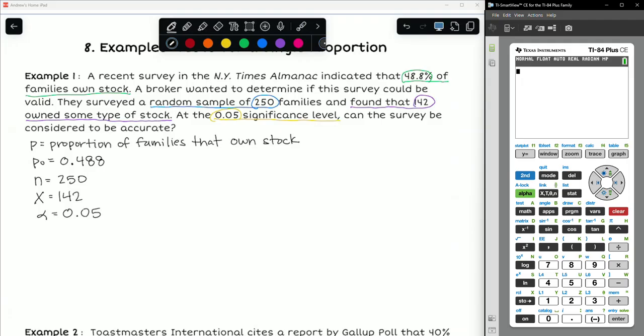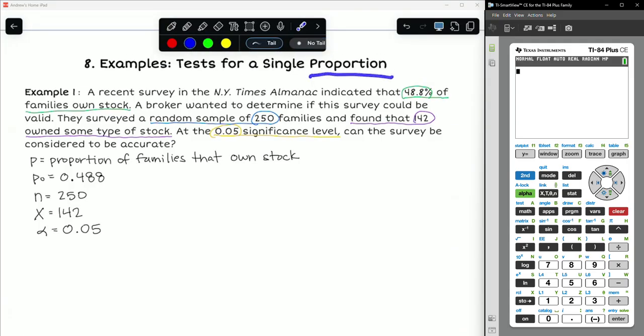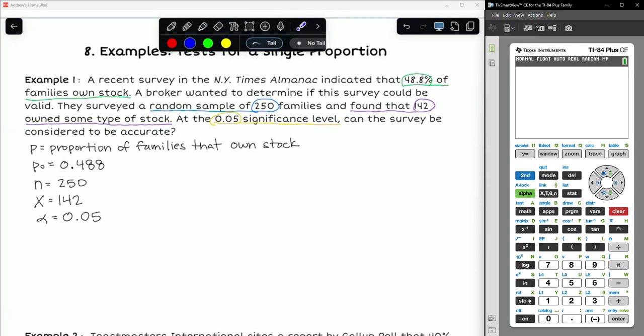Before I write my hypotheses, since I am doing claims about a proportion, I should at this stage check that I can actually use a sampling distribution that's approximately normal to perform this test. And that involves the same check that we used for proportions when we did confidence intervals.